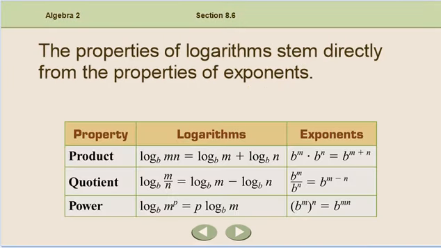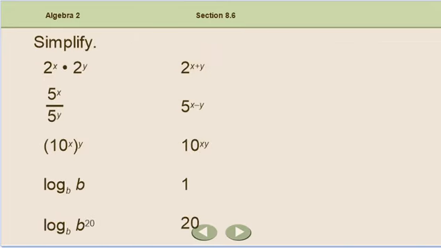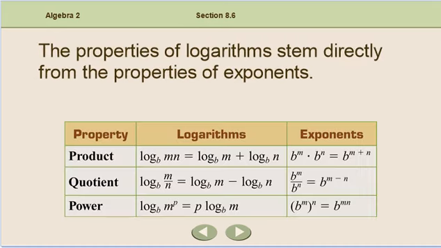Here are some properties of logarithms that come really from these properties here. You'll see some similarities here with multiplying powers having to do with adding exponents. So here are our exponent properties, and then here are the logarithm properties. It will take a little time to get used to these, but you'll be able to apply them.